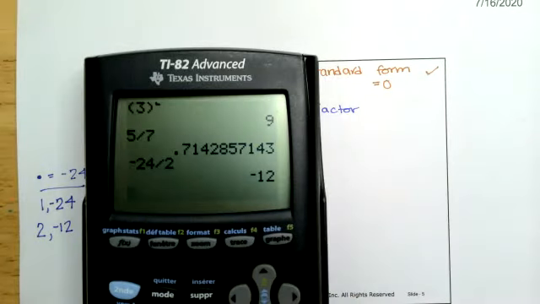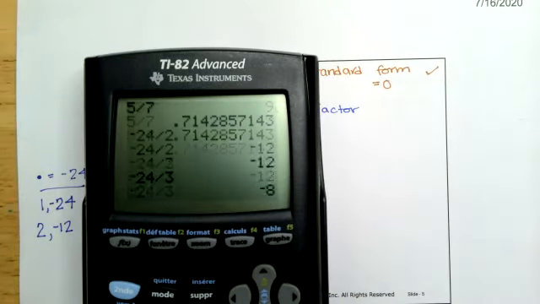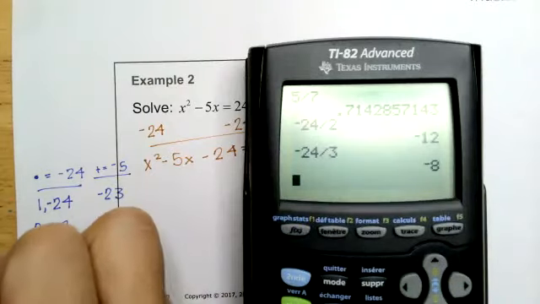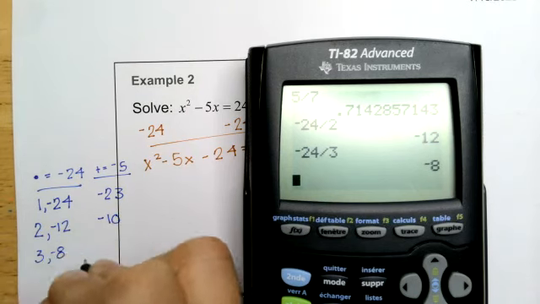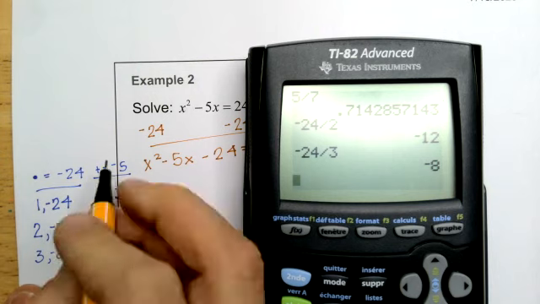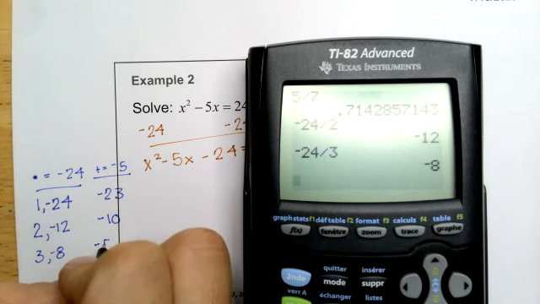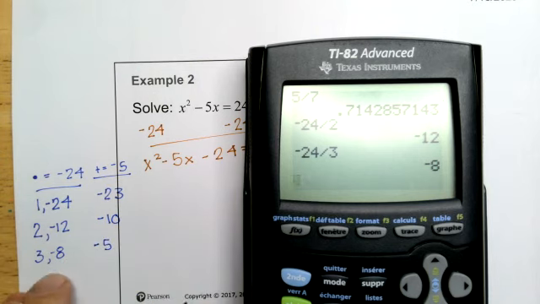Negative 24, can I divide it by 3? This is how I do it. I just go all the way down the list. So negative 24 divided by 3 is a negative 8. Negative 8 plus 3 is a negative 5, is it not? So the reason I made the bigger number negative is so that I would get a negative answer when I combined them by adding. Good.